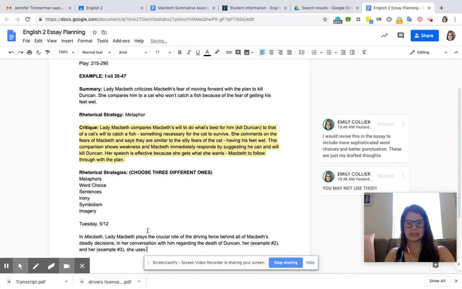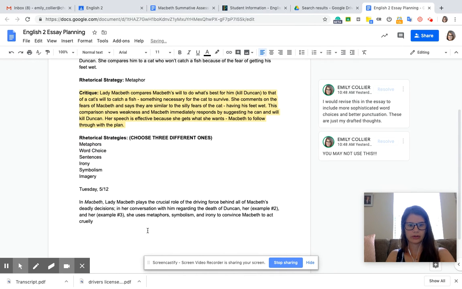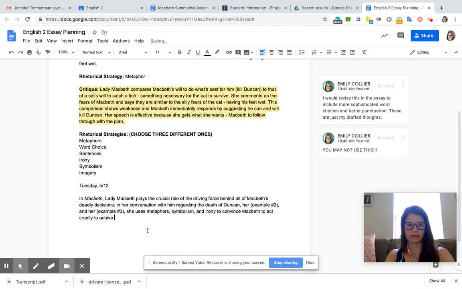She uses, my first example was metaphors, I'll say symbolism, and irony to convince Macbeth to act cruelly to achieve not only his desires, but hers.